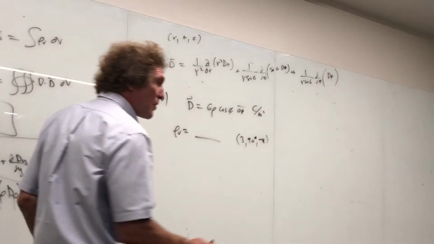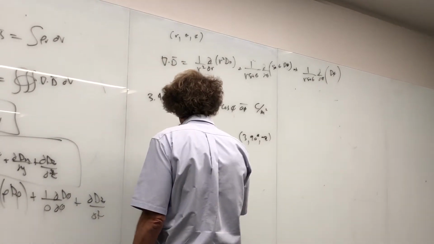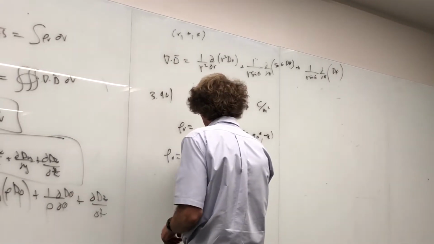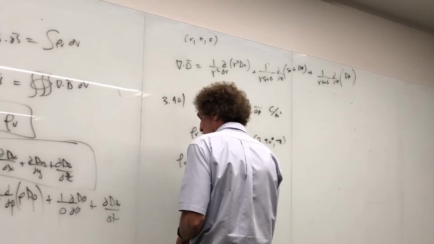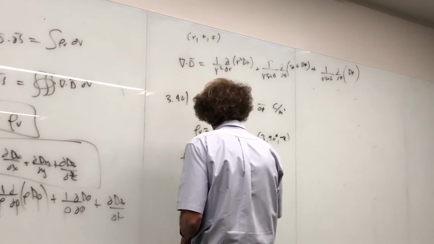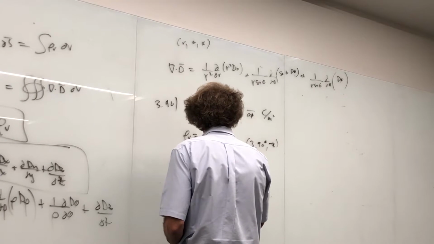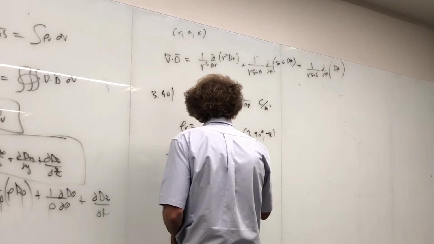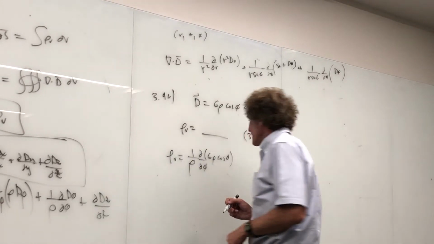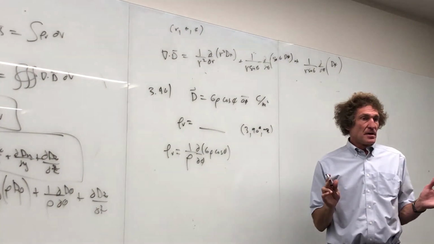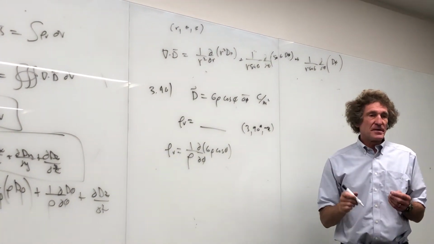So rho v here is equal to 1 over rho d phi of 6 rho cosine phi, and it's coulombs per meter cubed. Do y'all see what I'm doing here? I'm just executing the definition.